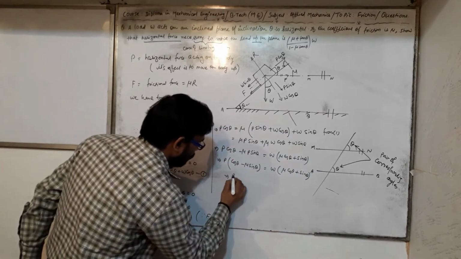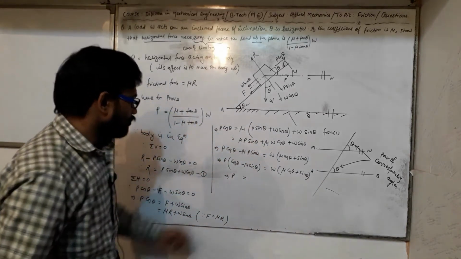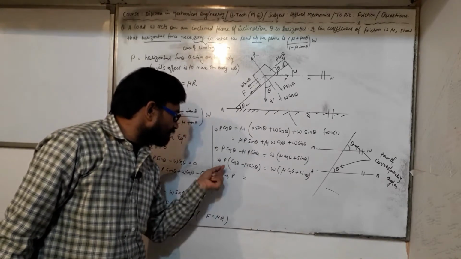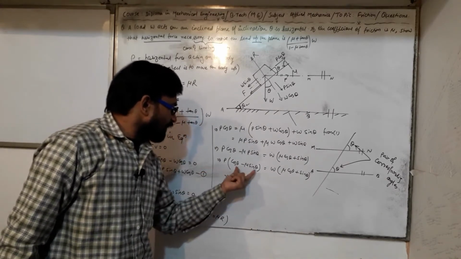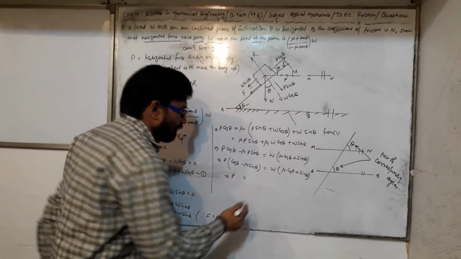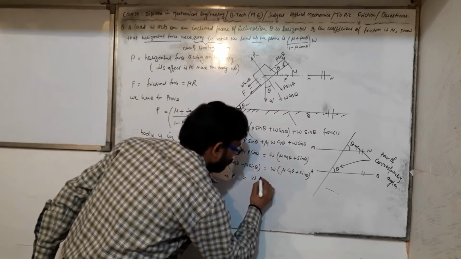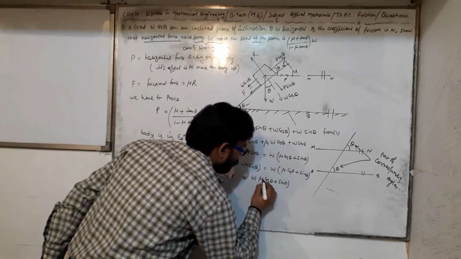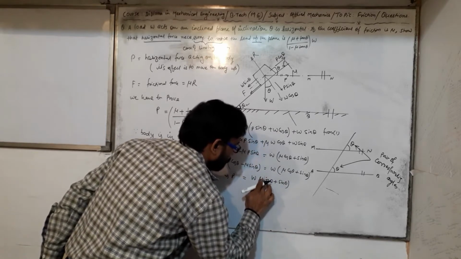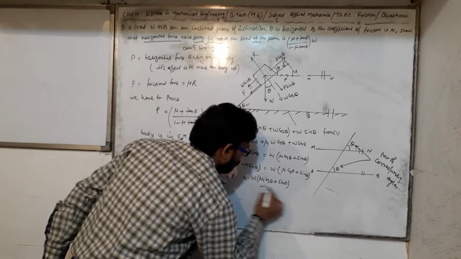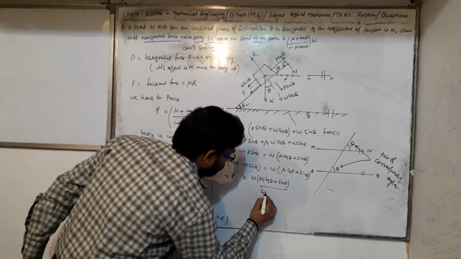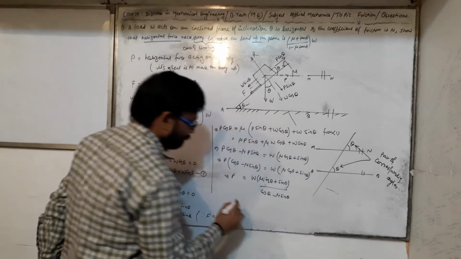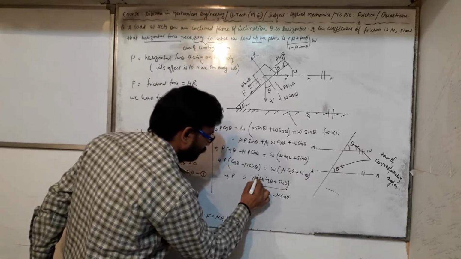Or we can say P equals, why? Because this term is multiplied by P, so if I am transposing this, then it would be divided. So P equals W times mu cos theta plus sin theta, whole divided by cos theta minus mu sin theta. Okay.